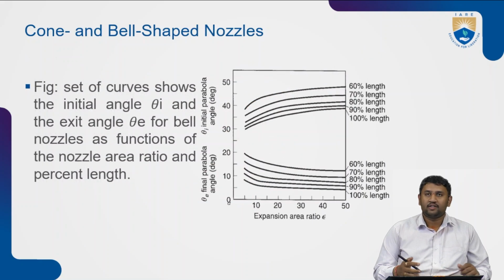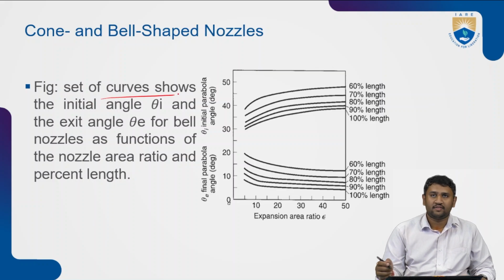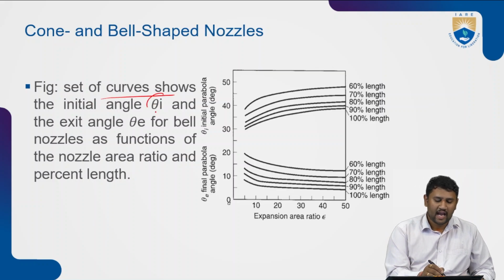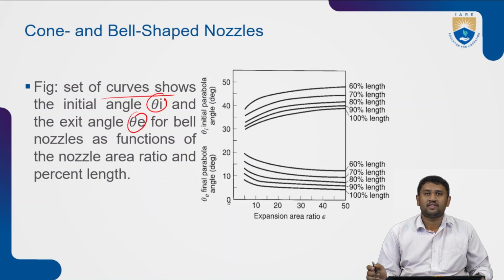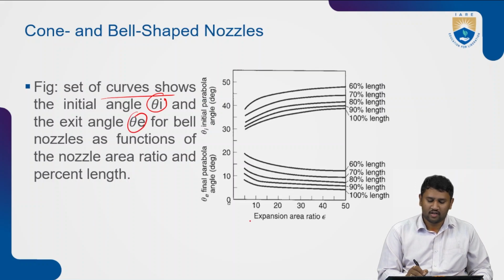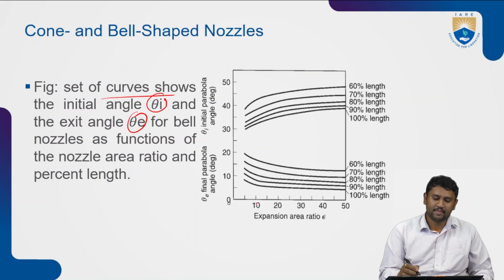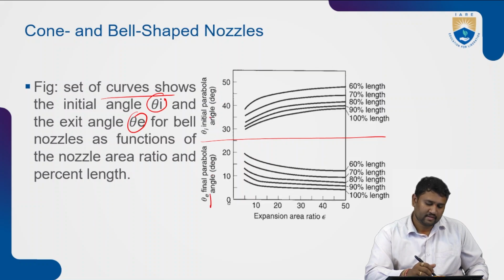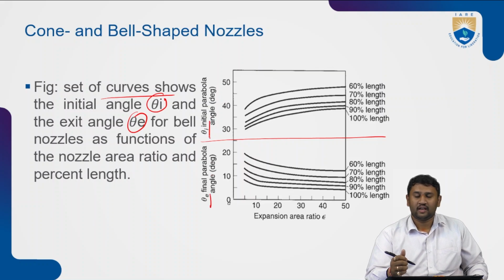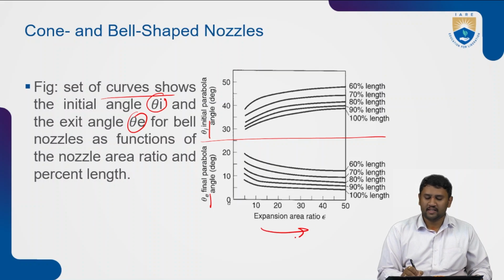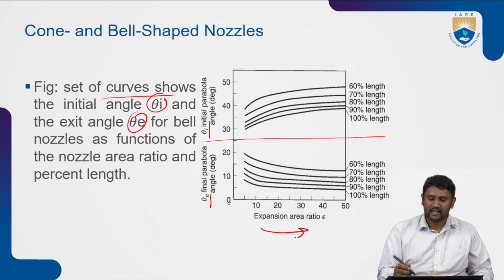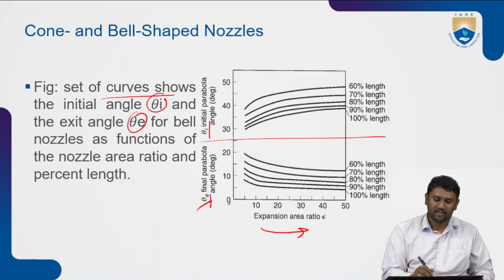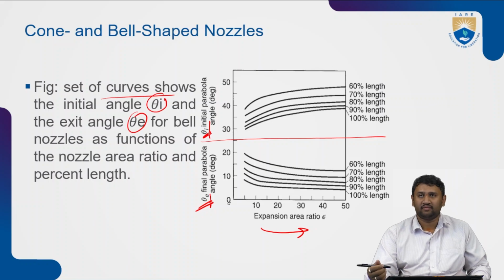Now, this shows a set of curves which show an initial angle as well as an exit angle for bell nozzles as a function of nozzle area ratio as well as the percentage of length. Now, what will be my theta I as well as theta E? As the expansion ratio increases, we can see that the final angle decreases, whereas my initial angle increases.